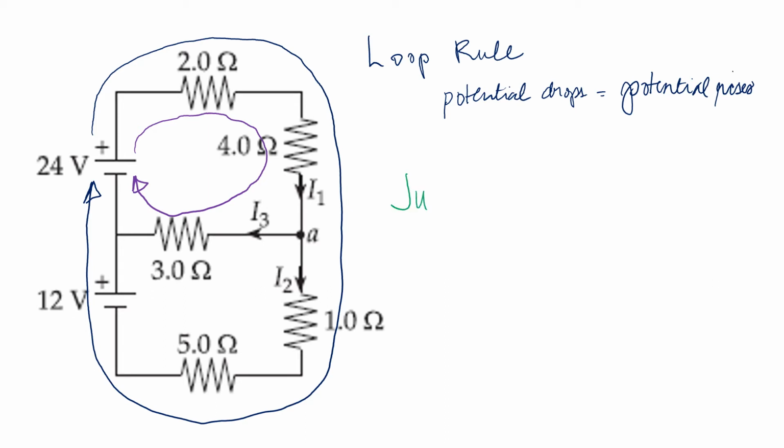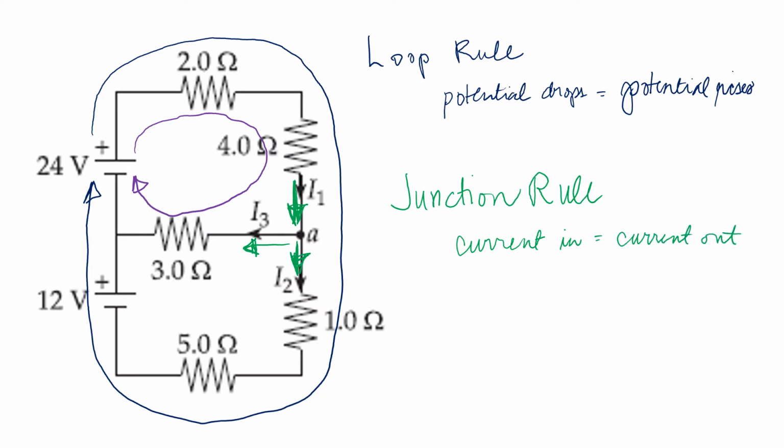The junction rule is a consequence of the conservation of charge. So if I have this junction labeled A, then the current that comes into A must also come out of A. Now here it's coming out in 2 pieces, and so the current in equals the current out.